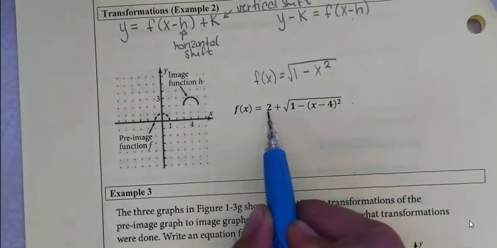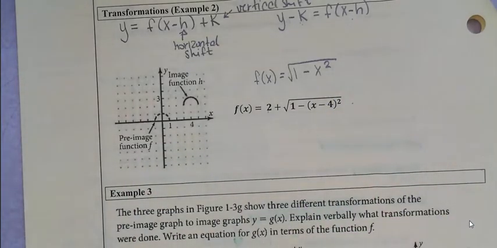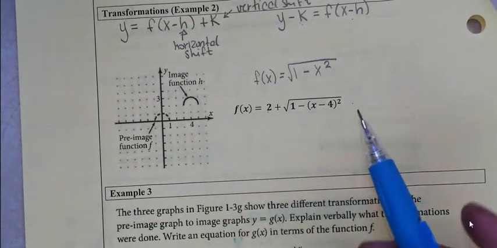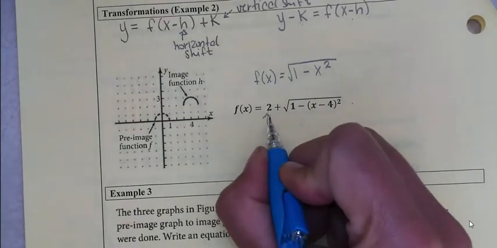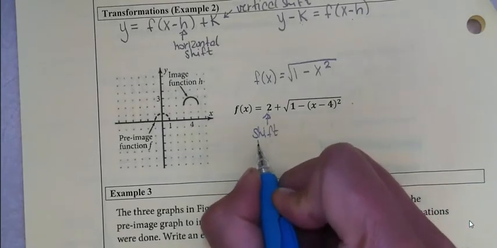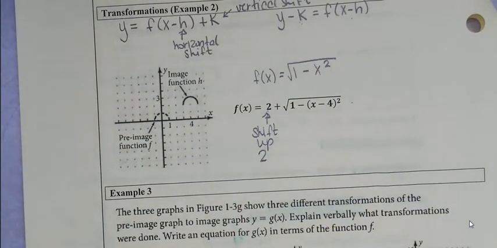It's a positive 2 here. That commutative property, where you can move things around with addition, is happening here. This k can be moved anywhere. So this is going to be a shift up 2, because it's a positive 2.